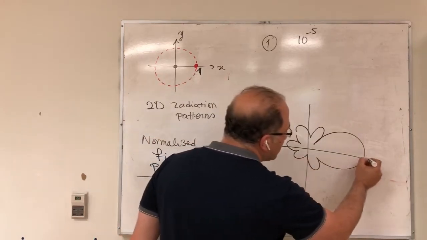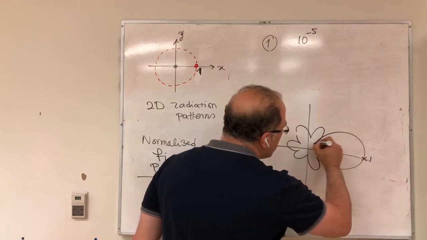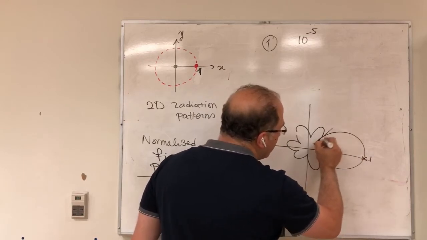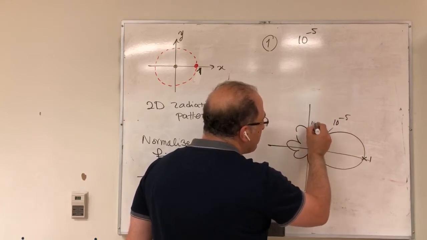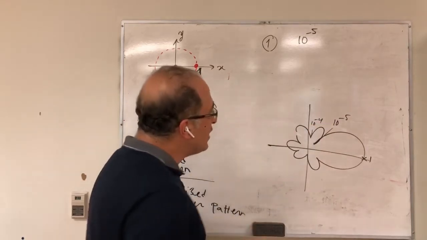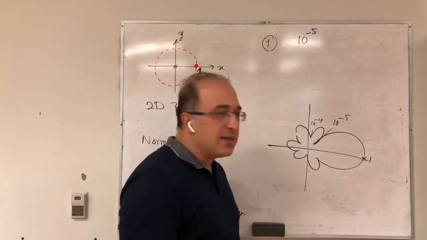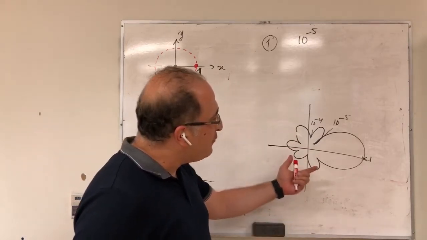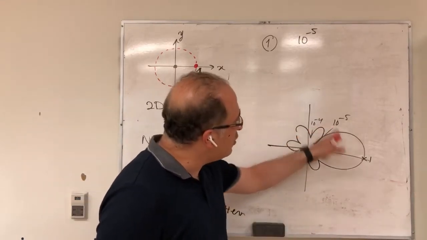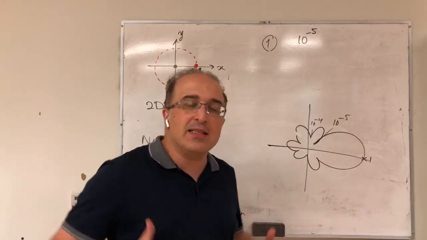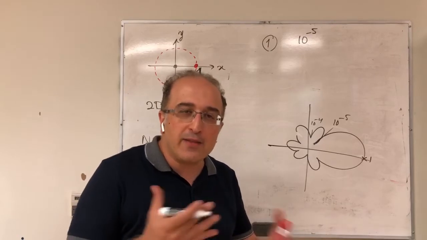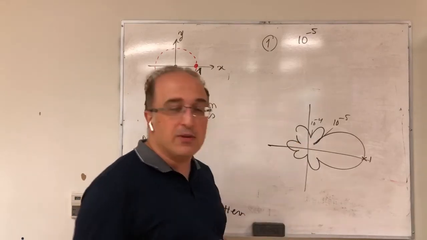Imagine this is 1, this point is about 10 to the power of -5, and maybe here is 10 to the power of -4. Now, if you plot them together, these two are so small compared to that one that they would look the same to you. You cannot appreciate the difference between these two.